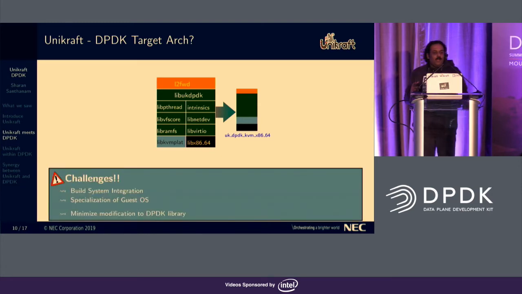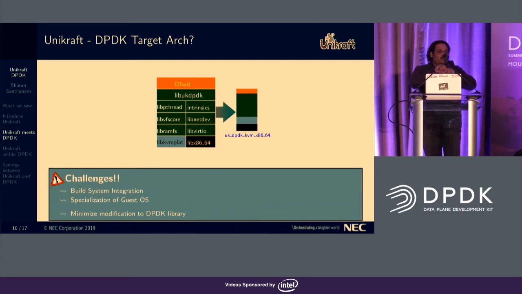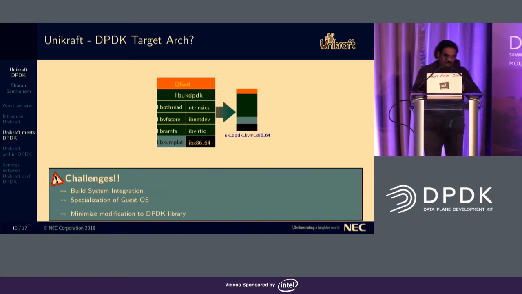But there were also some challenges we had in mind to make sure that we can get it working with DPDK. The advantage of both projects is that they are quite modular, so you can plug and play whichever libraries you need from DPDK into Unikraft, but the build systems were not compatible. So we needed a way to make them understand one another.